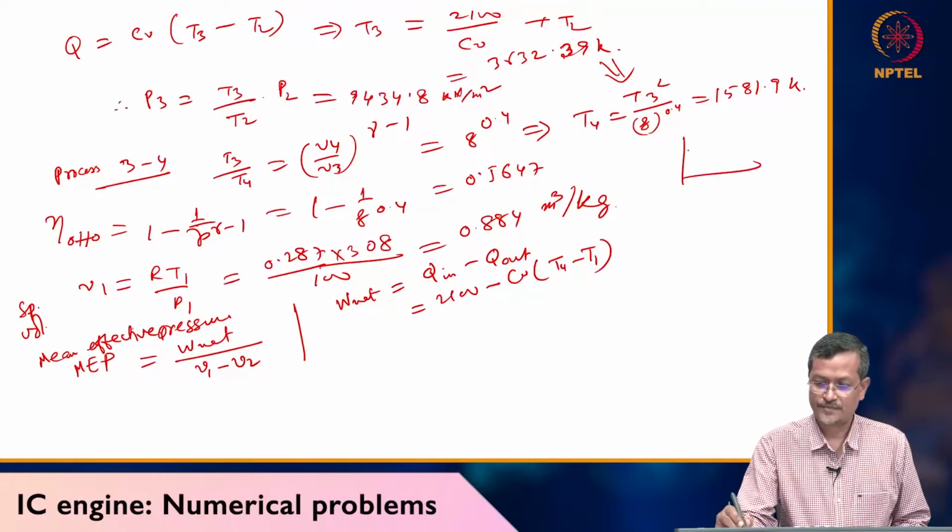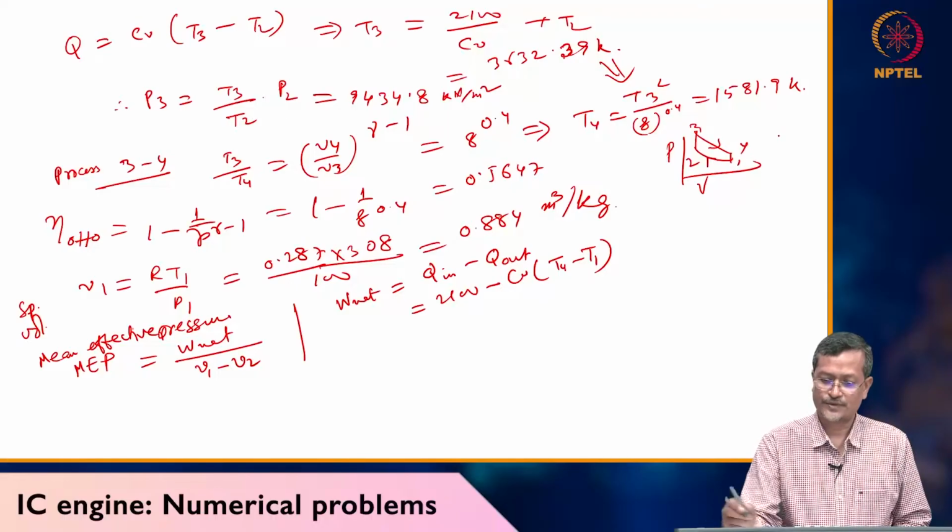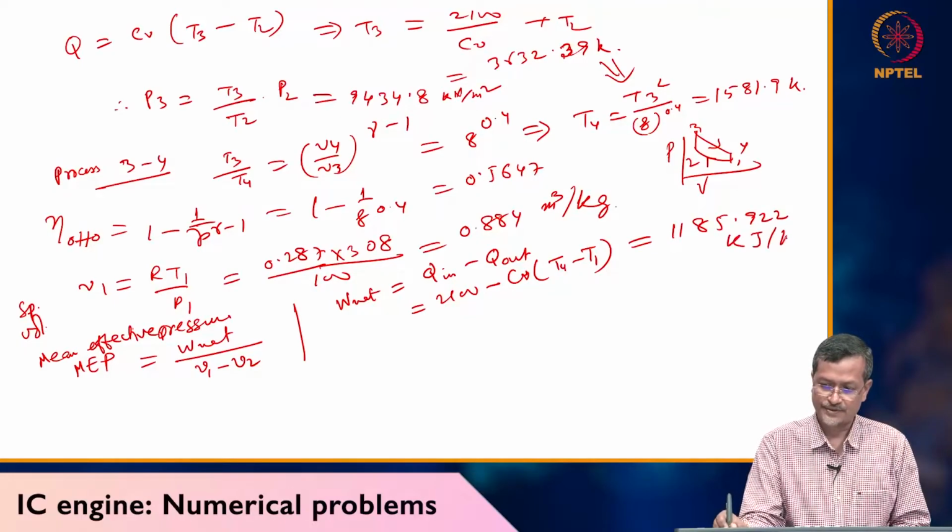You see in the PV diagram, 1 2 3 4, the process 4 to 1 is the heat exhaust, so Cv into T4 minus T1. This value will be 1185.922 kJ per kg.